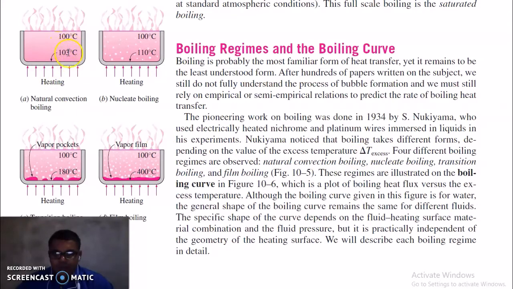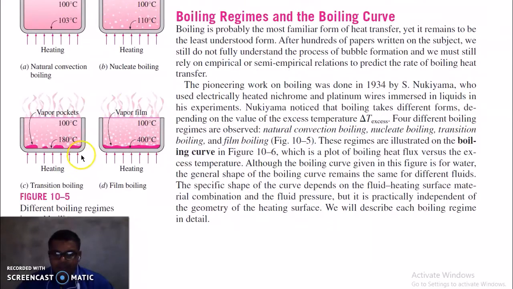So here in the case of natural convection, ΔT excess is low. In the case of nucleate boiling, ΔT excess increases further. In the case of transition boiling, ΔT excess is further increased, and the maximum ΔT excess is in the case of film boiling. These regimes are illustrated on the boiling curve.